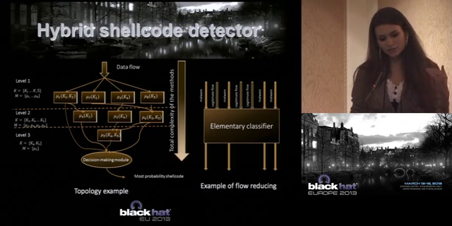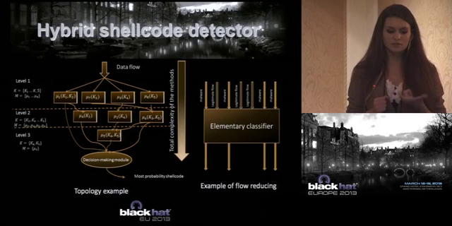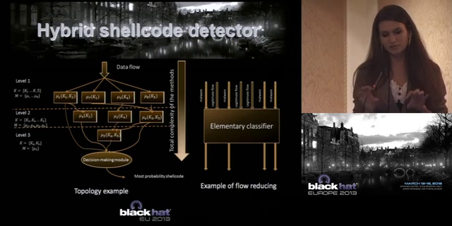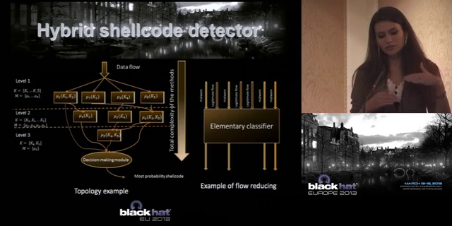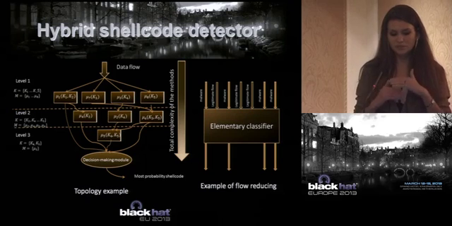Such a graph should have several levels. Each level is represented by different elementary classifiers which detect different shellcode classes. Two levels can be connected in a very specific way.